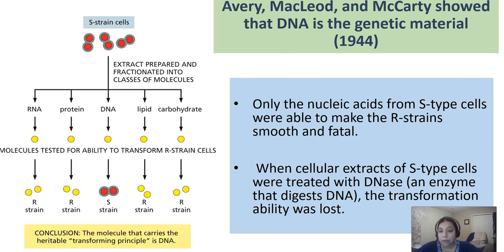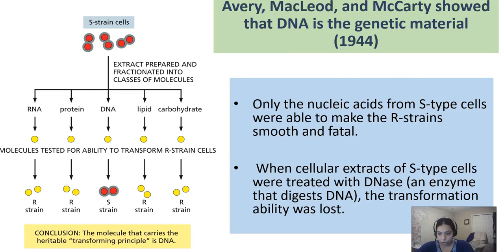And they found that only the DNA was able to convert or transform the rough bacteria into the smooth virulent strain. They then took the cell extracts that they had of the S-type cells and treated them with DNase, which is an enzyme specifically designed to digest the DNA. So at this point, there will be no DNA there at all.